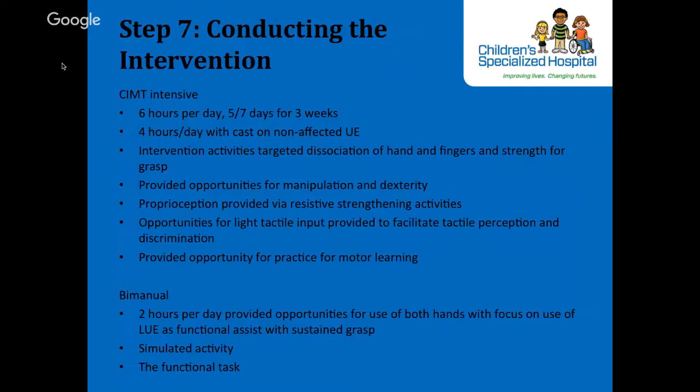For him, he came to a camp 6 hours a day, 5 out of 7 days for 3 weeks, 4 hours a day with a cast on the non-affected upper extremity. The intervention activities targeted dissociation of hand and fingers and strength for grasp, and provided opportunities for manipulation and dexterity, resistive strengthening activities, tactile perception, and motor learning.